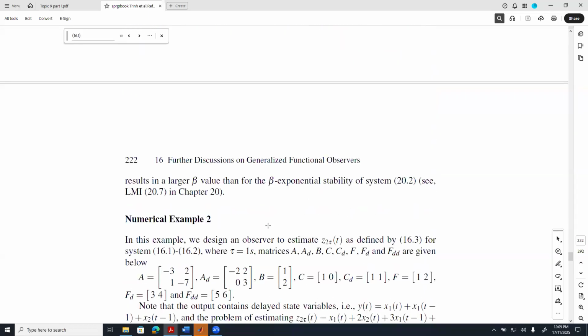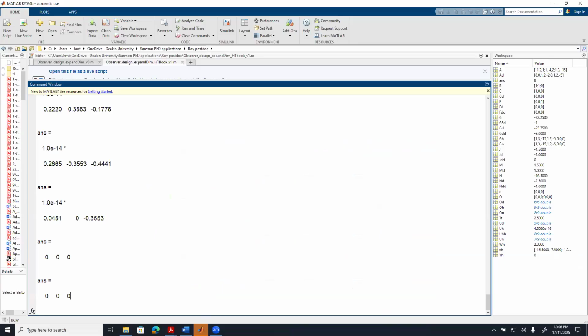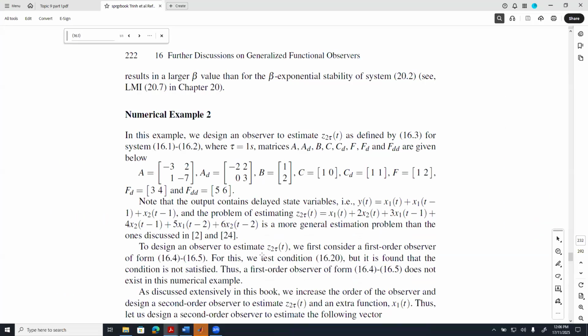So the next example that we want to show is the design of a generalized functional to estimate this generalized functional, where we have a delay in the state vector and two delays in the state vector as well.